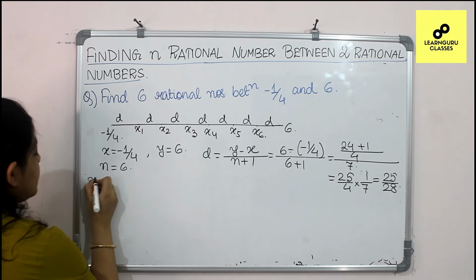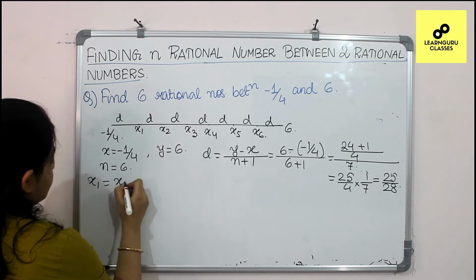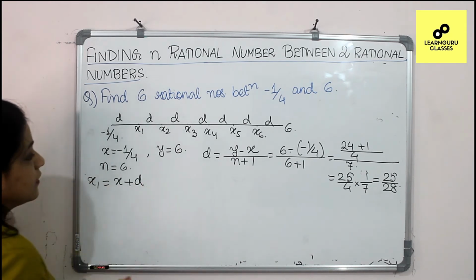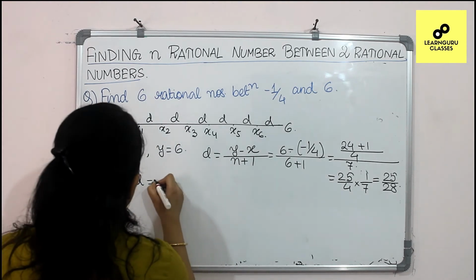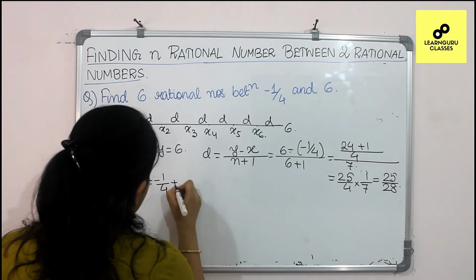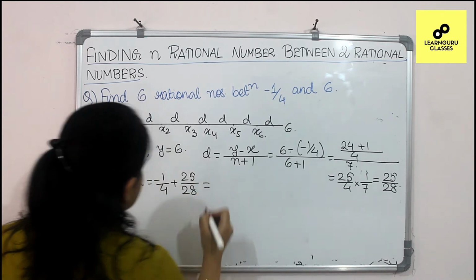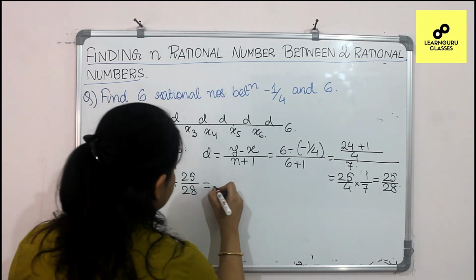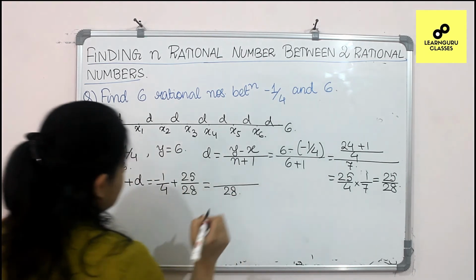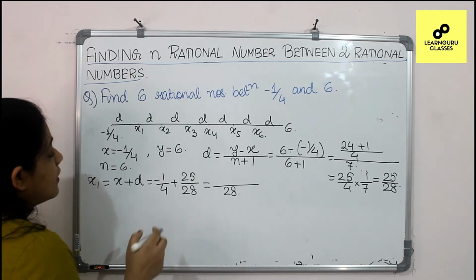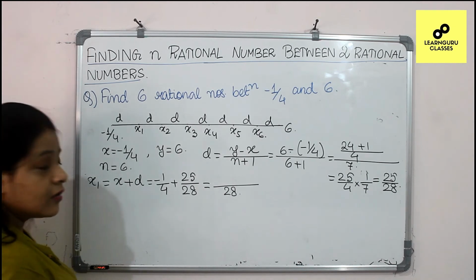Now x1 is x plus d. So x is how much? -1 by 4 plus 25 by 28. So the LCM is 28. So 4 into 7 is 28.